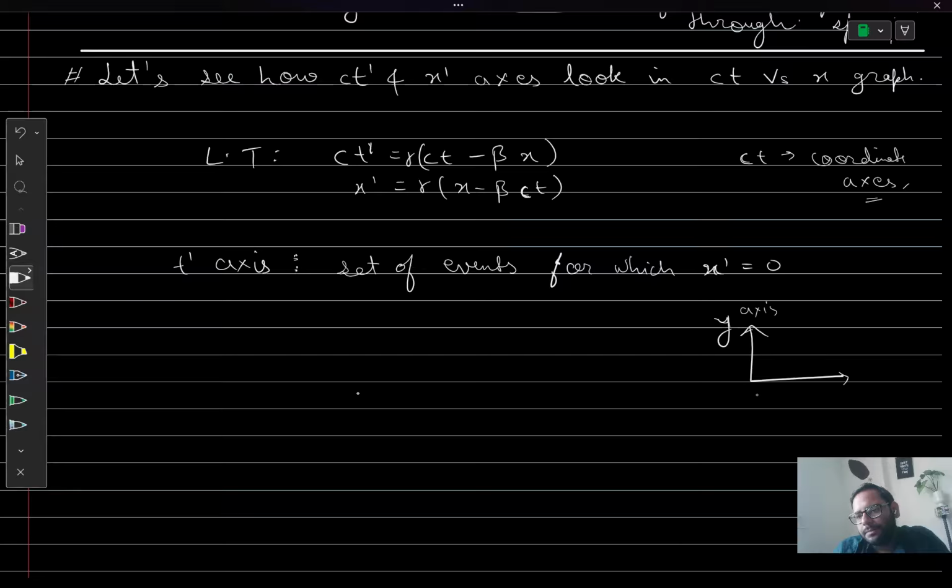At my y axis, x is always 0, and for my x axis, y should be 0. So similarly, to draw my t prime axis, I need to consider x prime equals 0.